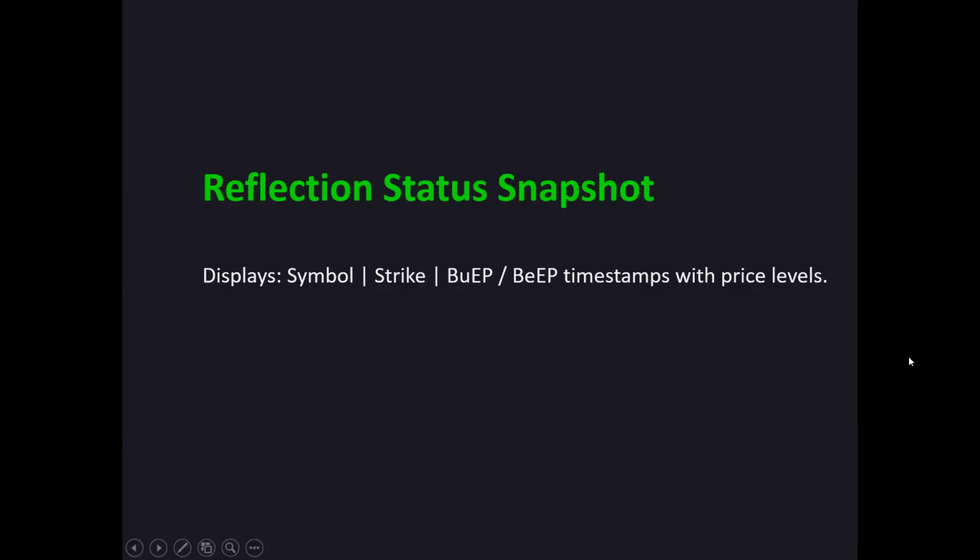The reflection status reflects the symbol on the top, the strike price, bullish EP, bearish EP, and also timestamps. It says the time also, on which day, and all those things with price levels.